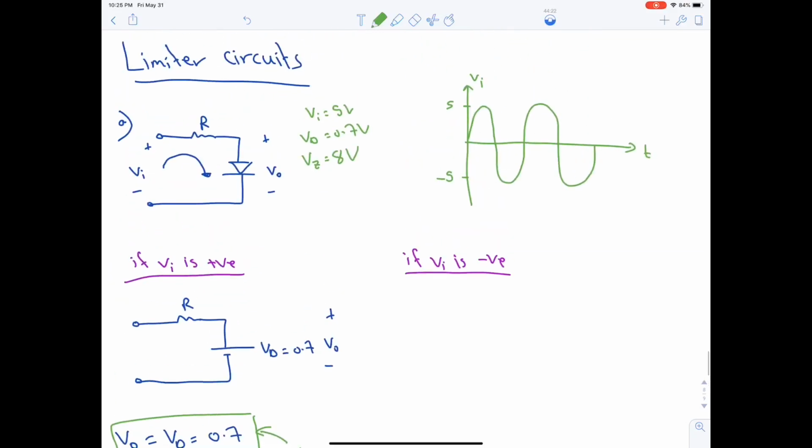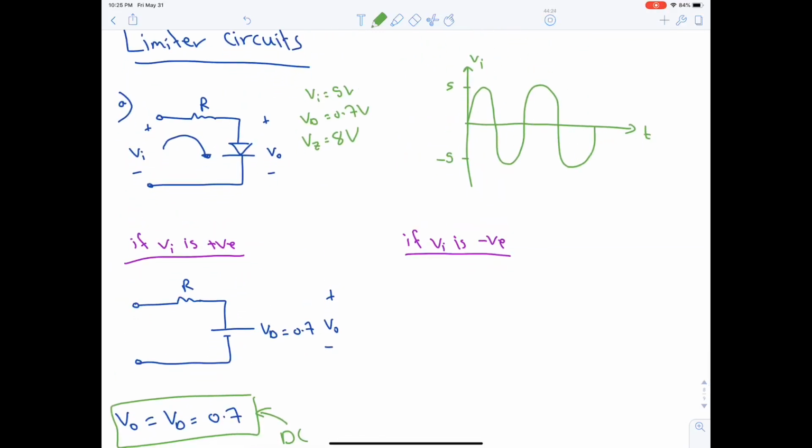The other case, if VI is negative, hence the current is flowing in the opposite direction. Whenever the current is flowing in the opposite direction, we are used to say that the diode will be off. However, in this case, we need to check, is it really off or is it in the breakdown region?